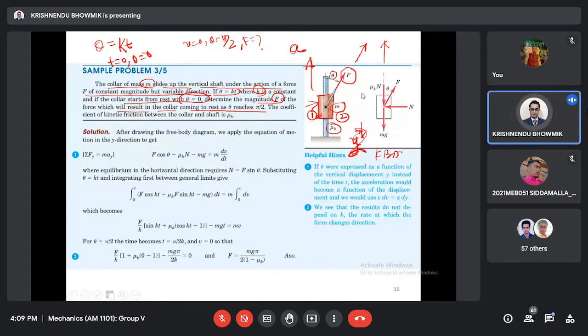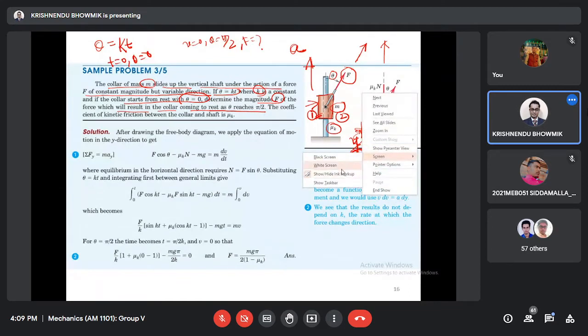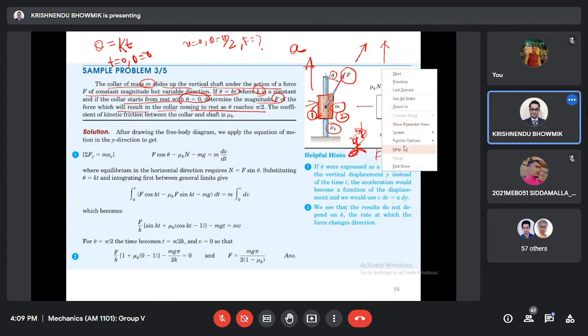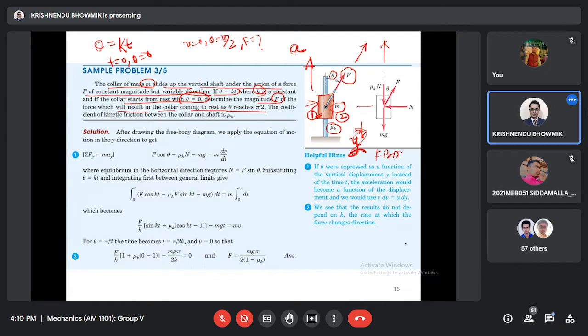I have no doubt about it. This is the perpendicular direction. Now the question is whether it is this direction or this direction.